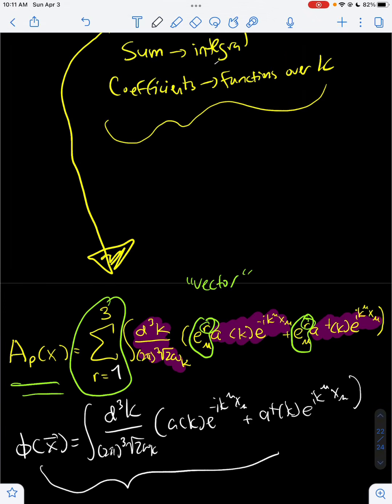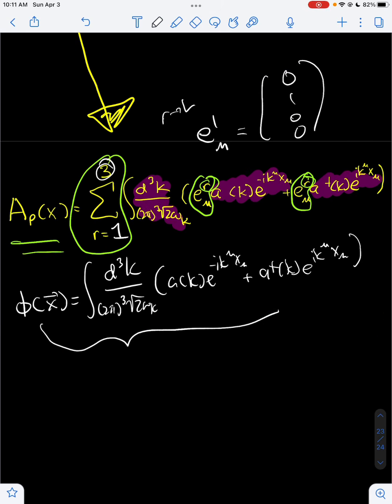So R equals 1, for example, would be the E1 mu polarization vector, which looks like this, right? And it goes up to 3 since we have 3 linearly independent vectors. And at 3, technically the R becomes an L since we had the weird L vector.